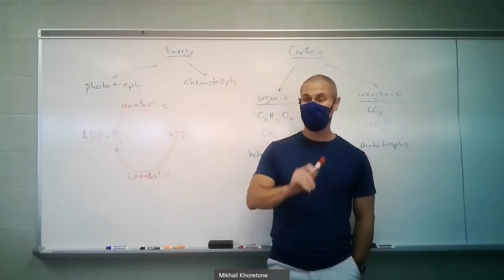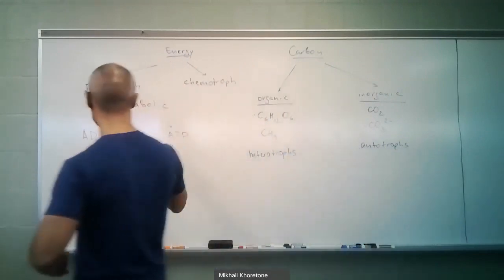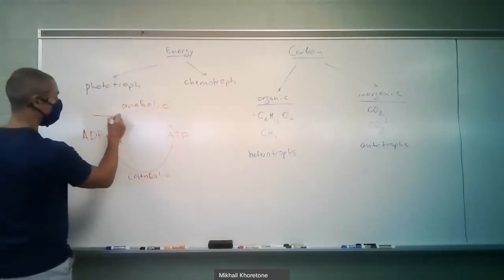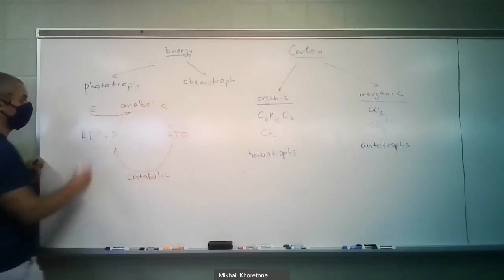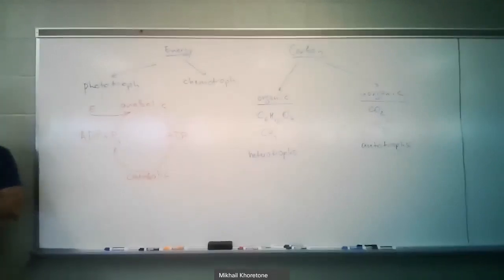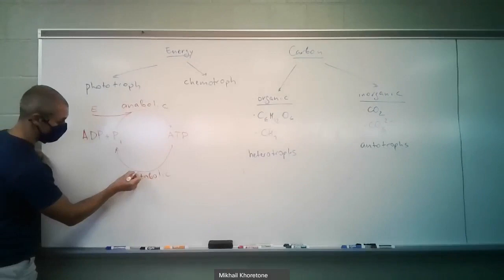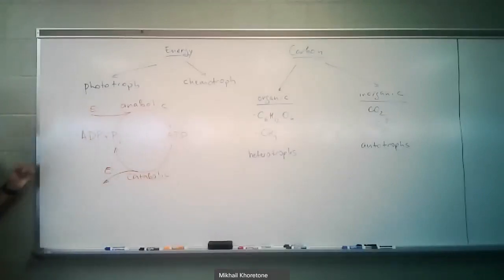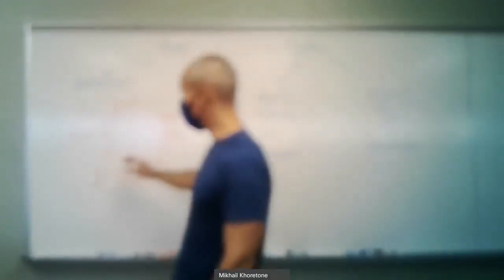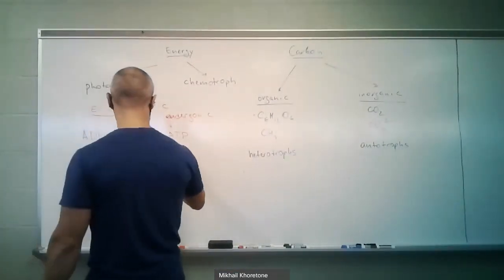Usually, anabolic reactions require the input of energy. And usually, again, not always, but usually, catabolic reactions produce energy. So reactions that require input of energy are called endergonic, and reactions that produce energy are called exergonic.